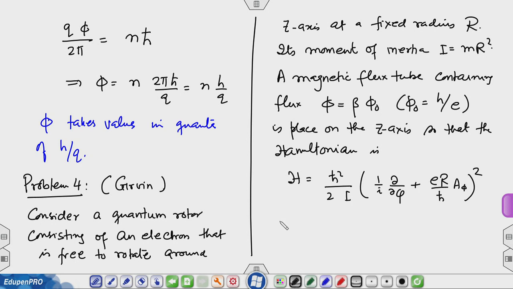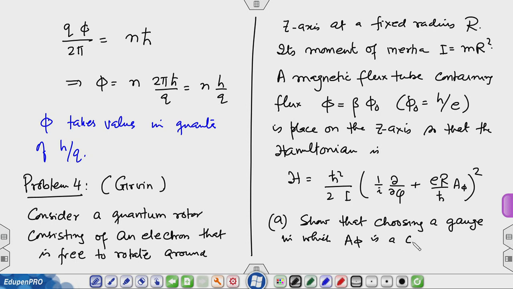So, part A, show that choosing a gauge in which A phi is a constant yields e r over h cross A phi equals beta. Remember what beta is?